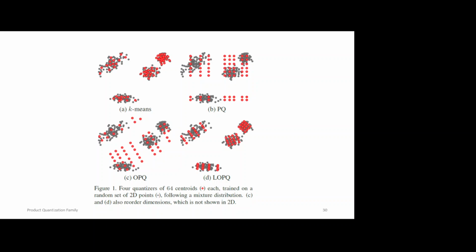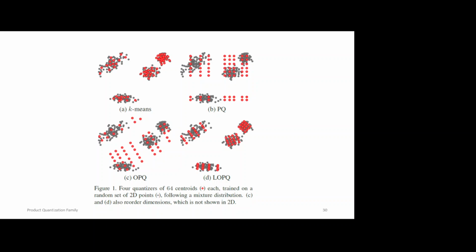The black points are the raw data, and the red points are our cluster centroids. For each subfigure, we use 64 centroids to do the clustering. Here we have four different methods in the four subfigures.